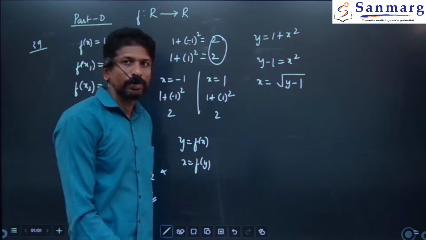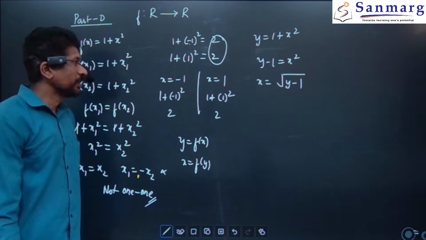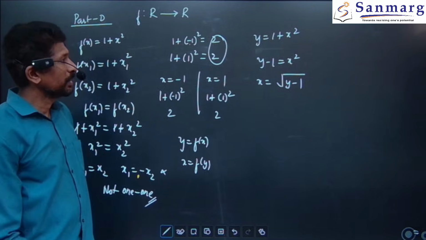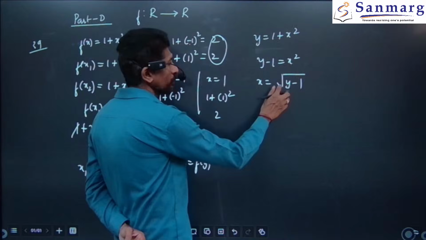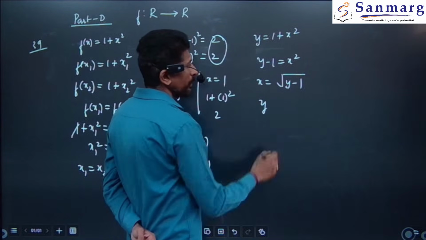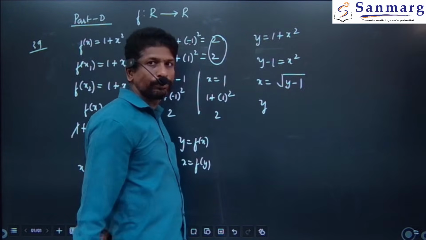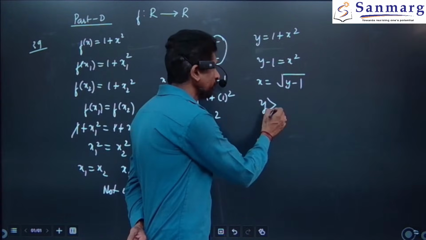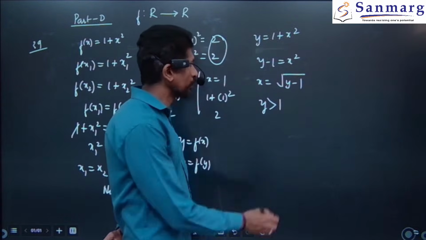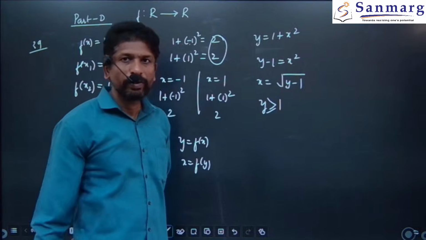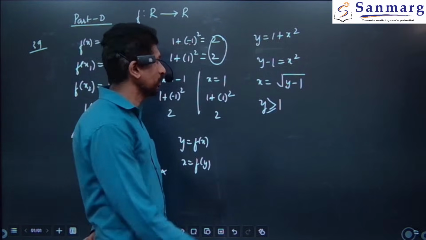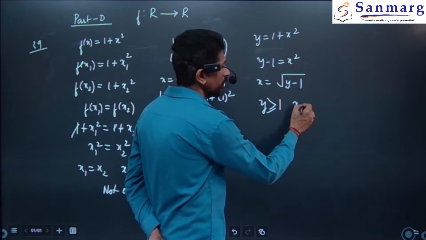Root of y minus 1. If the range is also a real number, the domain comes also a real number. But what happens when y is greater than or equal to 1, the x becomes a real number now.